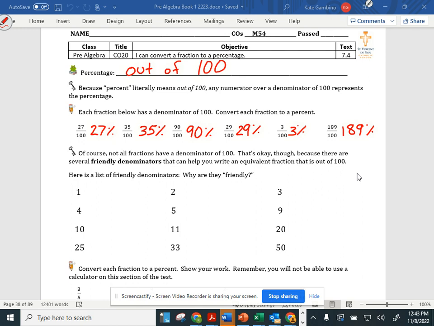If we have a 1 for denominator, what are we going to multiply the numerator and denominator by, Tatum? Times 100. If we have 2 for a denominator, what are we going to multiply by, Ben? Multiply by 50. If we have 3 for a denominator, what do you think we're going to multiply by?